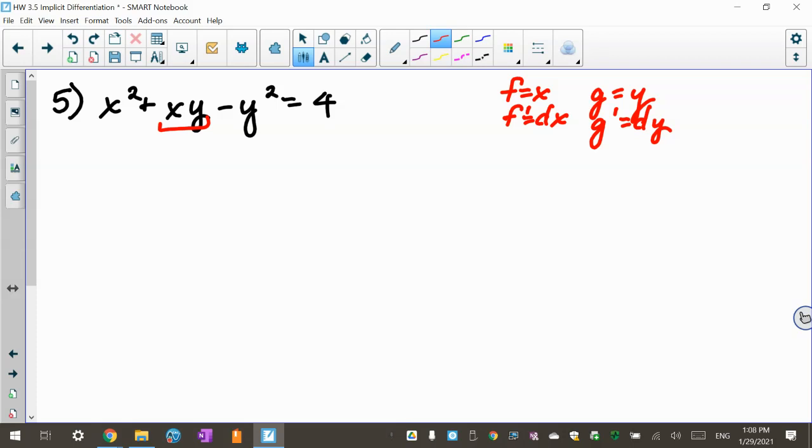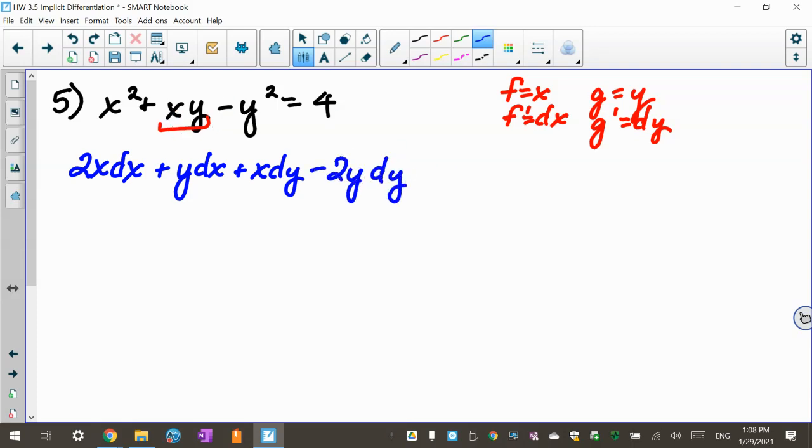And then we're going to go through and do the derivative. So after a while, you kind of get used to doing this, but let's go through this. So this is going to be 2x dx plus f prime g, y dx, plus f g prime, x dy. So I've taken care of the product rule, minus 2y dy, and the derivative of 4 is 0.